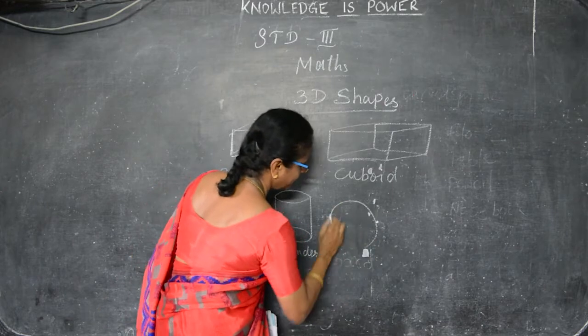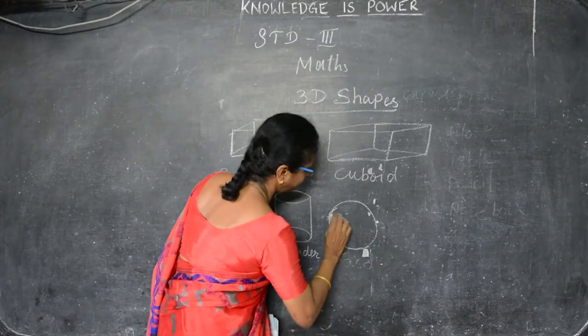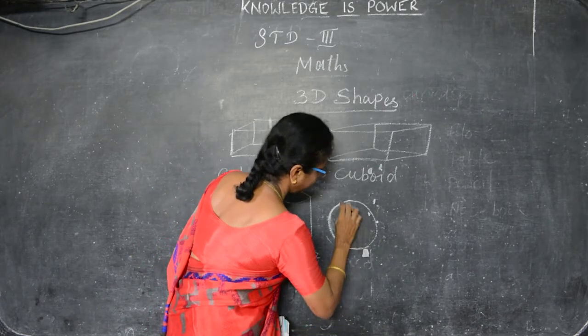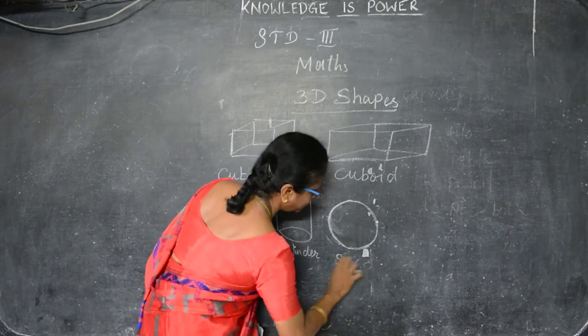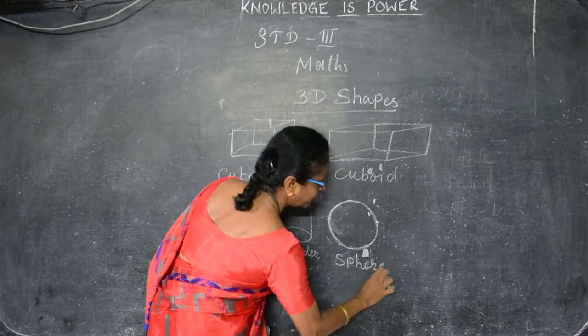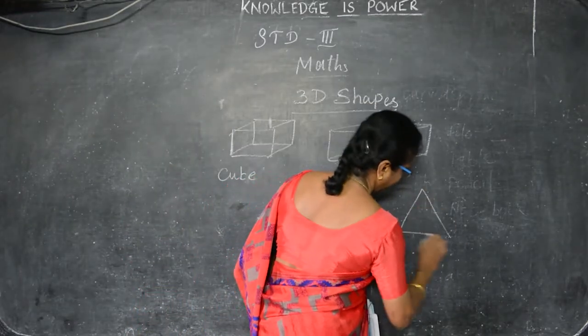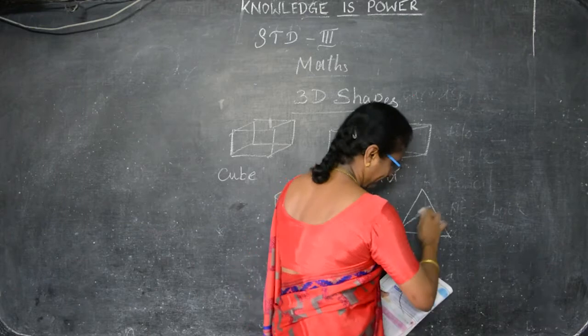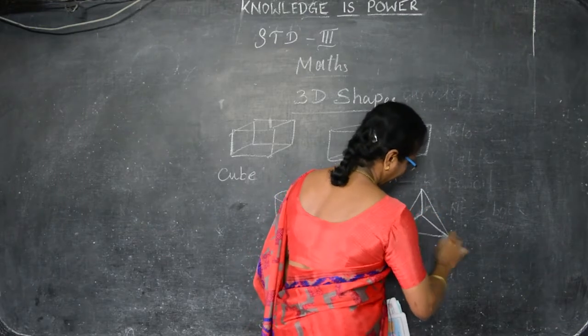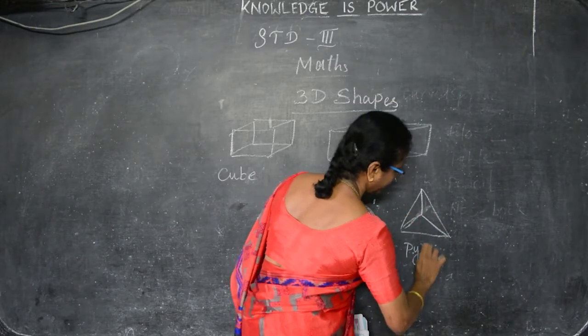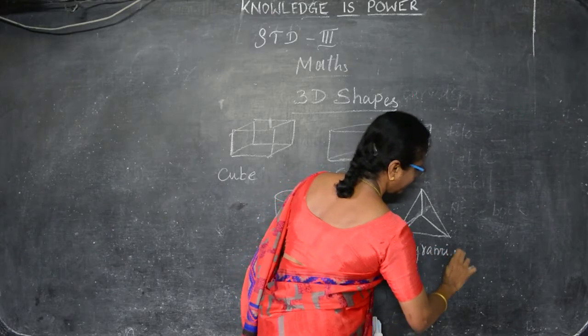Then sphere. This is not a circle, as I have already told you. The ball, the globe, these all come under the spherical shape. It's not a circle. And pyramid. And this is the cone.